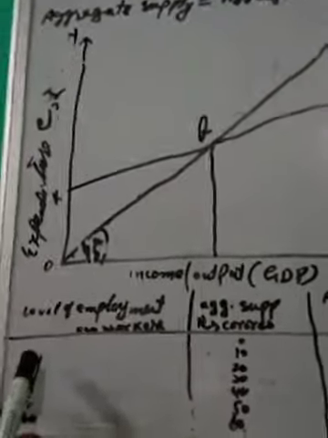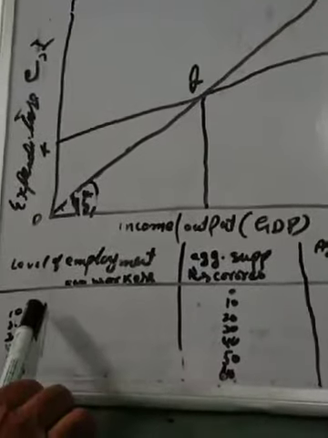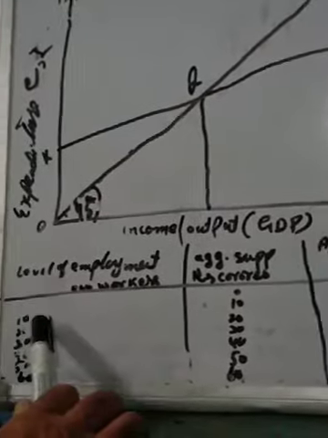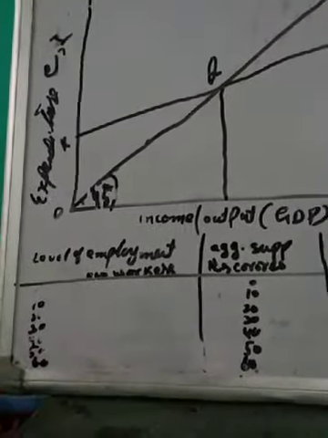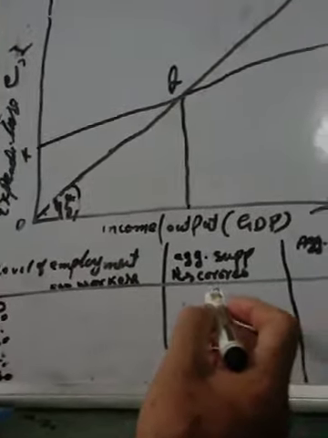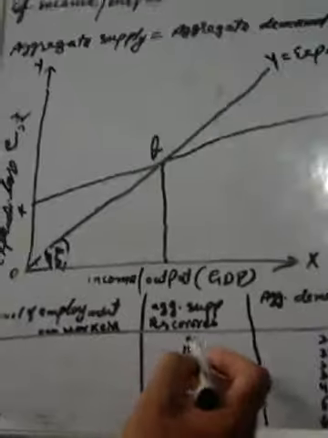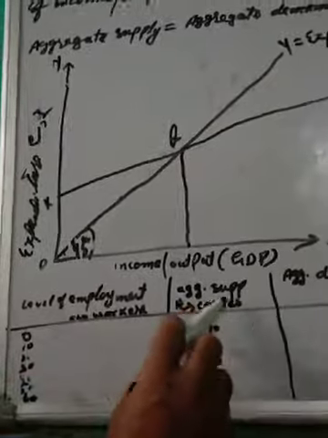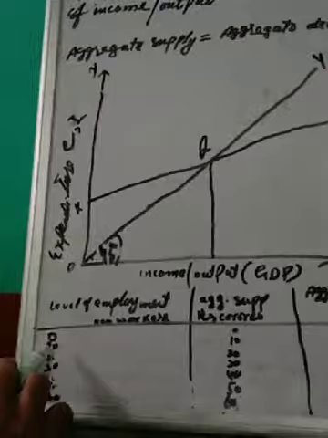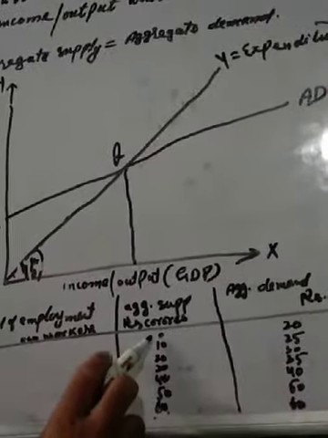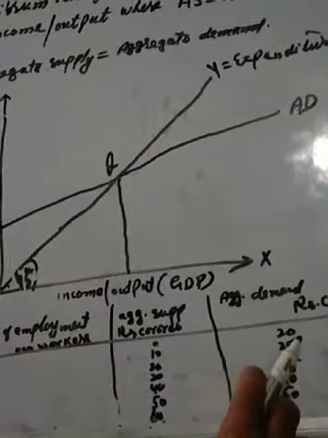From the first row, the level of employment of workers is 0, and the aggregate supply is 0 in crores, but at that time the aggregate demand is 20.